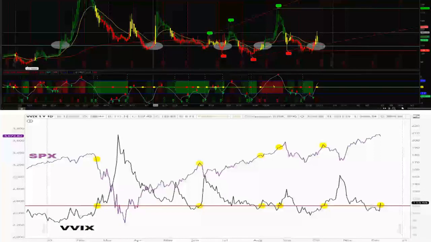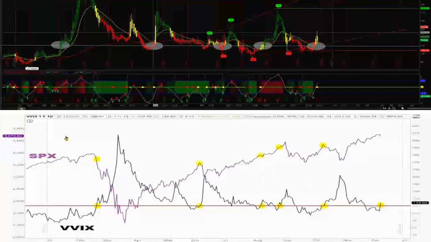Alongside it, I have the SPX, the S&P 500. So this is a pure comparison on a daily chart. I want to see the daily chart because I want to see what's happening between the trends.